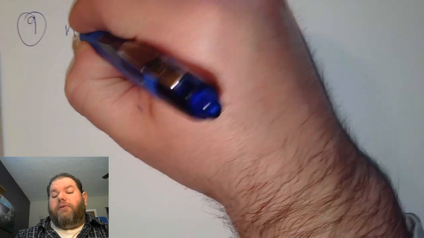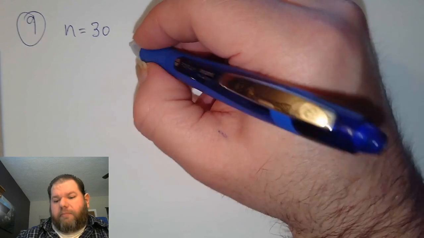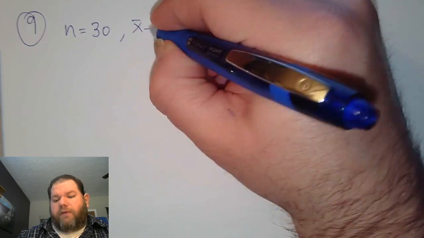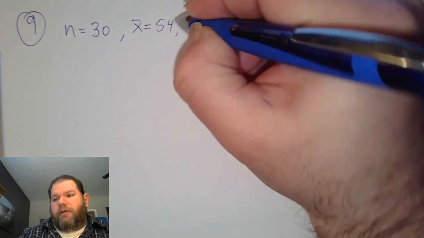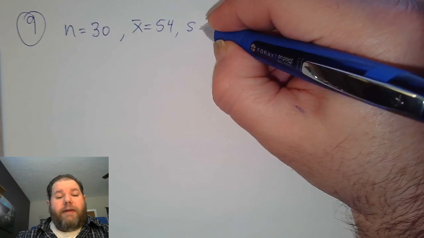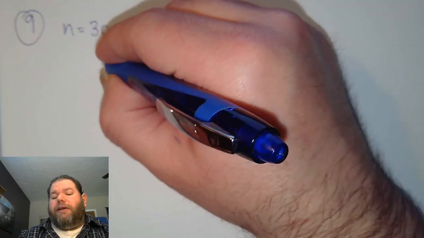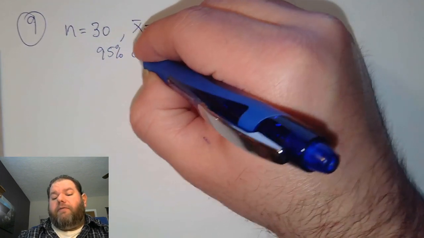So sample size is 30. Sample mean x bar is 54. Sample standard deviation, so that's S, is 8. And we want a 95% confidence interval.